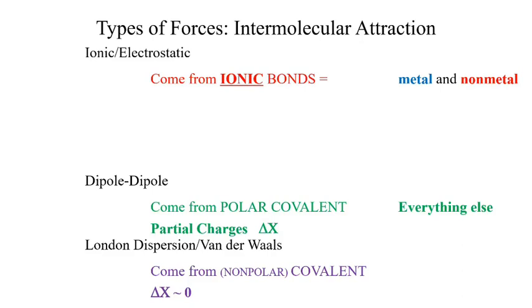Well, the first one's pretty straightforward. If it's 0, it's the same type of element to the same type of element. That would mean we have a non-polar covalent bond. If we have that non-polar covalent bond, that then means we have a London dispersion force when we look at how that molecule interacts with its environment. Okay, you'll note that it says approximately 0. It's not exactly 0.